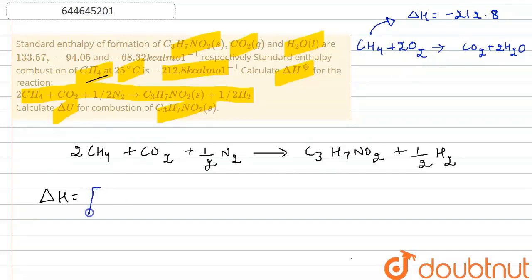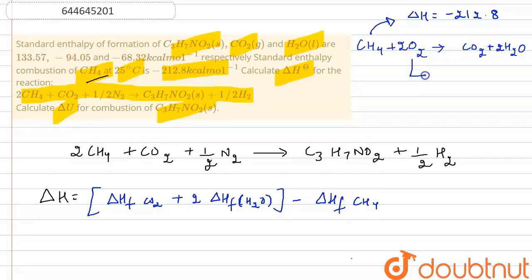So the delta H is the enthalpy of formation of CO2 plus twice the enthalpy of formation of water, that is H2O, minus the enthalpy of formation of methane, because we know the enthalpy of formation of O2 is equal to 0 because it is in its elemental state, right? And we know the delta H value of this reaction. This is your reaction number 1.